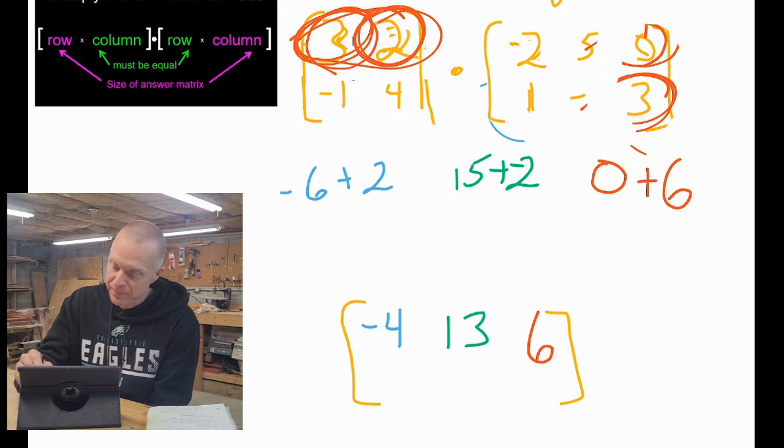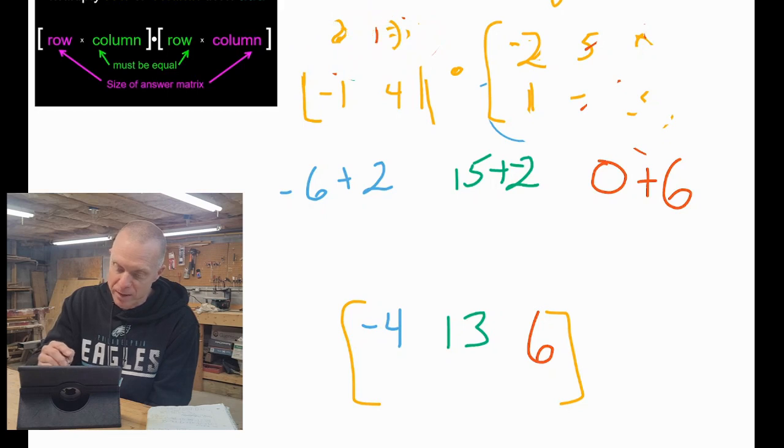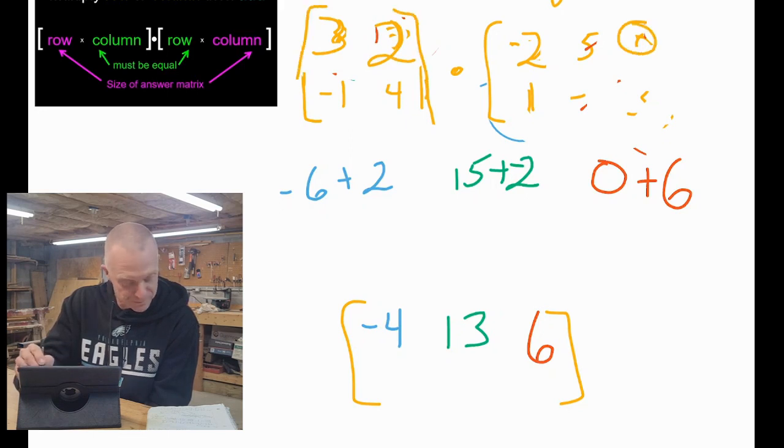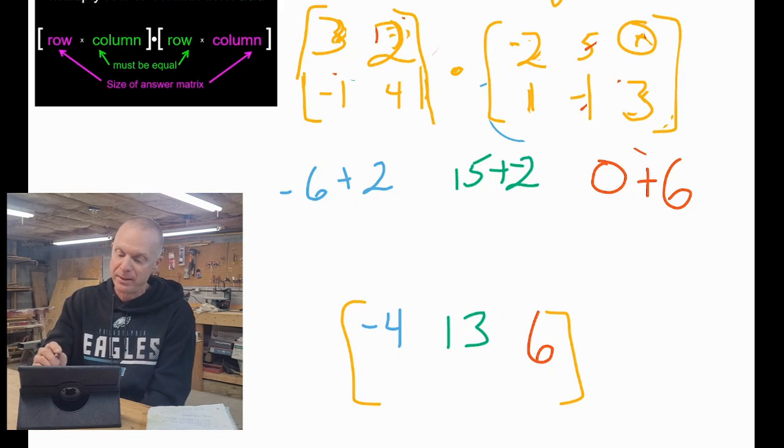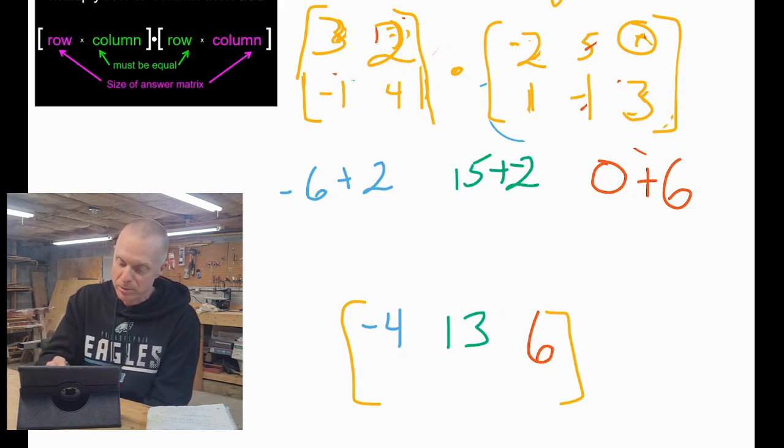Now, have you noticed that so far I only multiplied, or maybe I should say circled, the first row? But now it's time to move on to row 2.